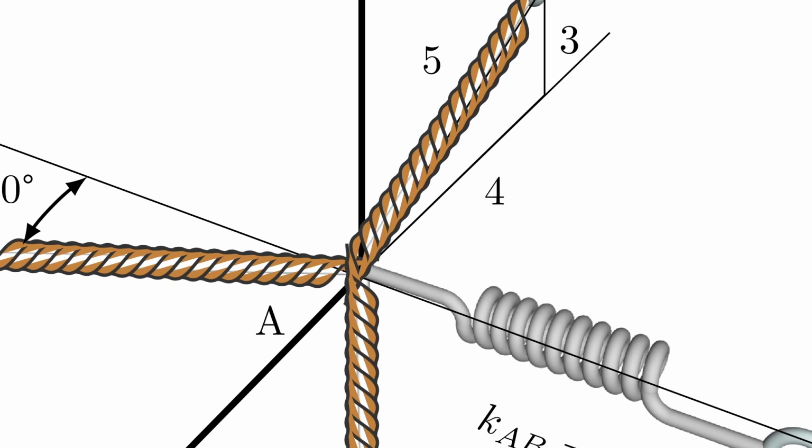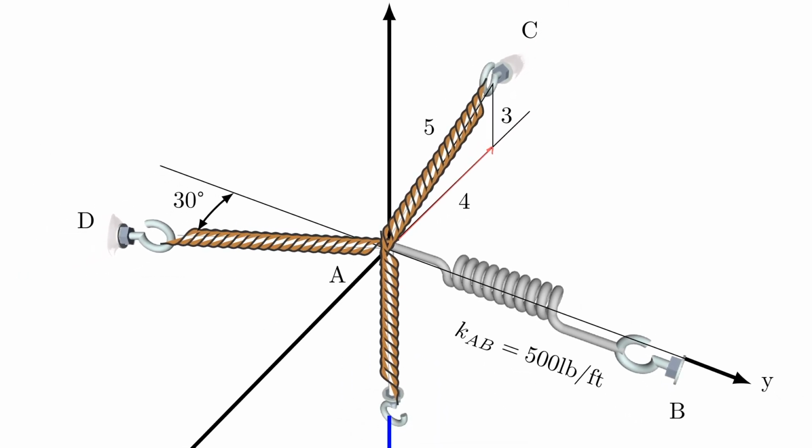For example, I have a force acting in this direction, and let me zoom out, that would be AC, right? So ACX in this case. I also have a force that's going upwards, and that is ACZ. As I mentioned before, that cable has no Y direction, so I'm already done with that one. Let's move on to the next cable.